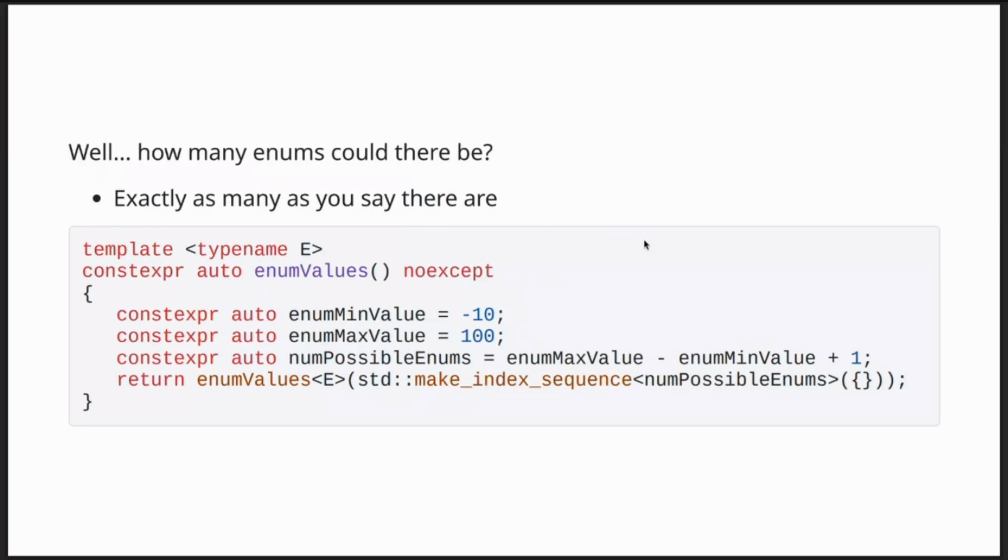How many enums could there be? Exactly as many as you say there can be. Now, the way that we go about doing this is a little bit roundabout, but it's essentially guessing and checking every possible value from -10 to 100.